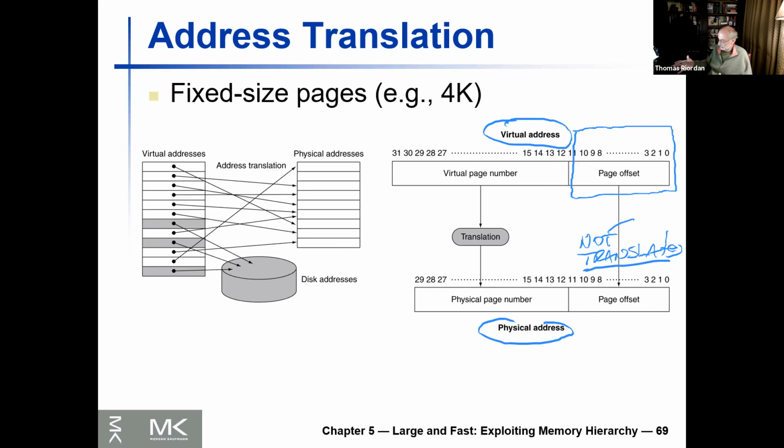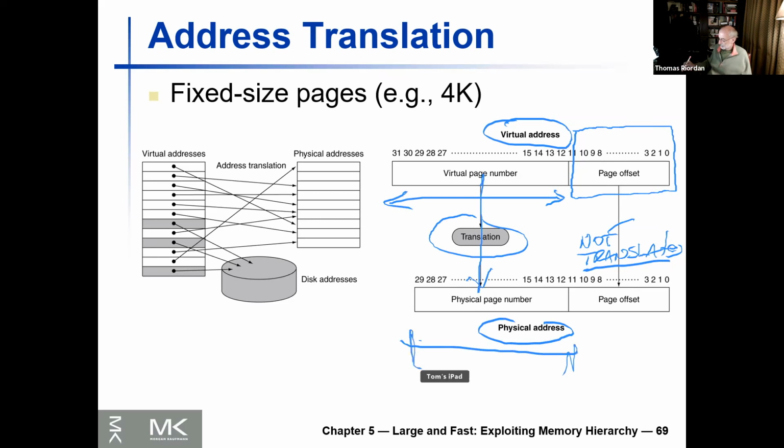They just go straight through because that's the page. A page is owned by each user, and it's in a 4 kilobyte chunk. So as long as you own that page, you can go anywhere within it, anywhere in those 4 kilobytes. So the part that has to be mapped or translated is the top part of the address. And so we're going to take that and map it to some other thing that points somewhere else in physical memory.